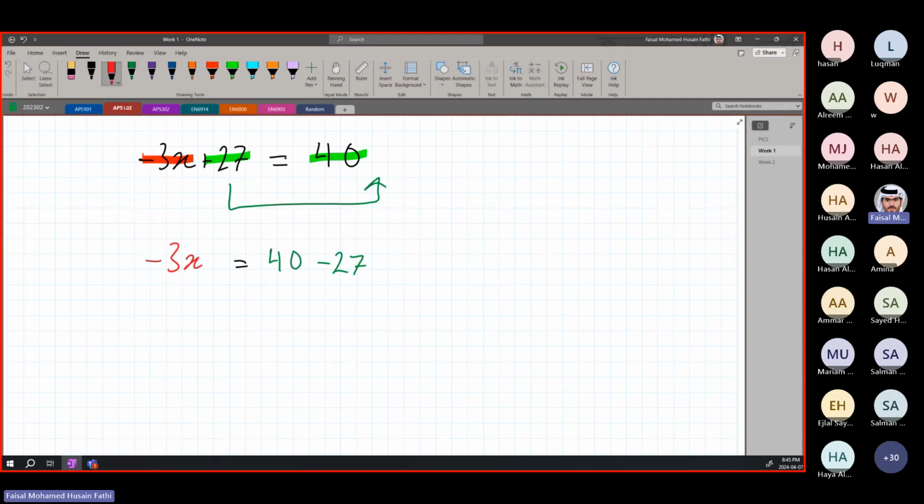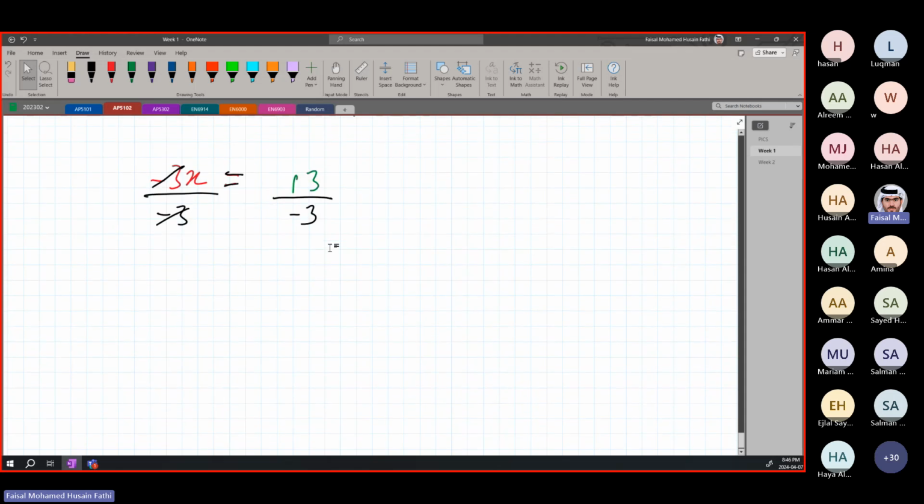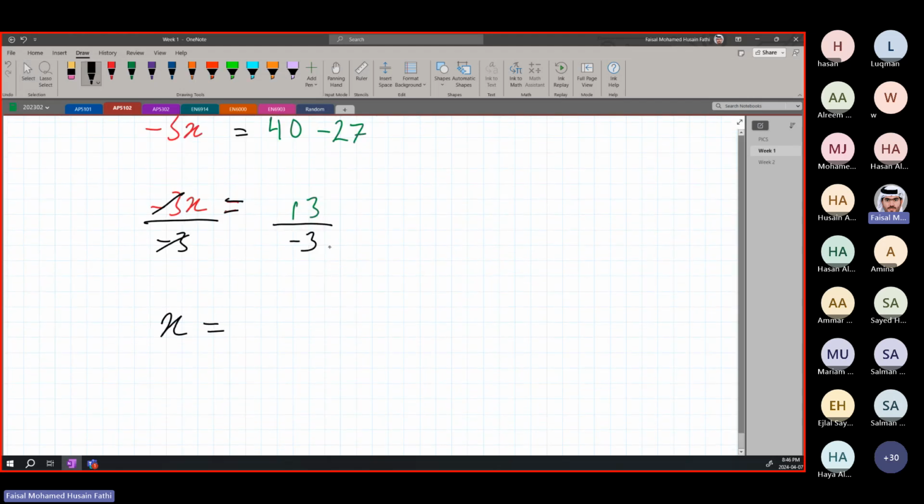So this is going to be minus 3x is equal to 40 minus 27, which is just 13. Then, to find x, we're going to have to divide by minus 3 on both sides. Because it's multiplied by minus 3, we have to divide by minus 3 so that we can cancel these out. Anything you do to the left, you do to the right. We're left with just x is equal to minus 13 over 3.